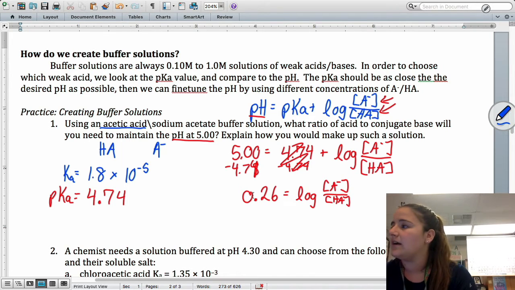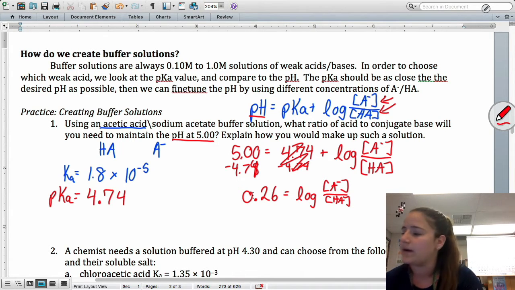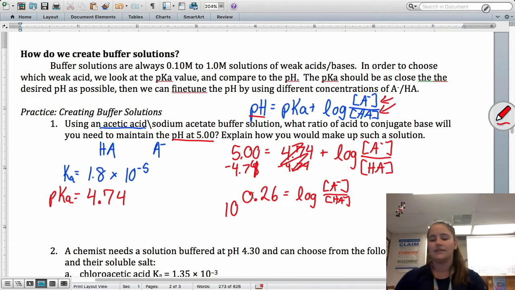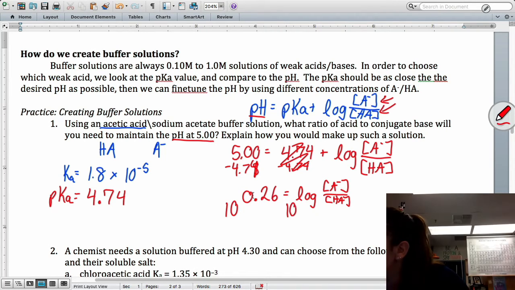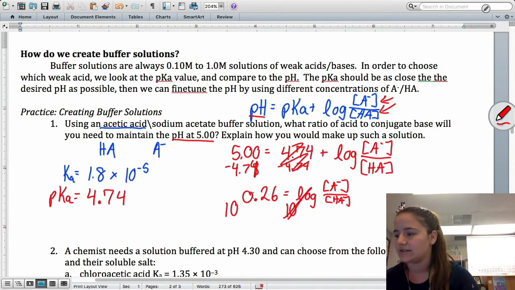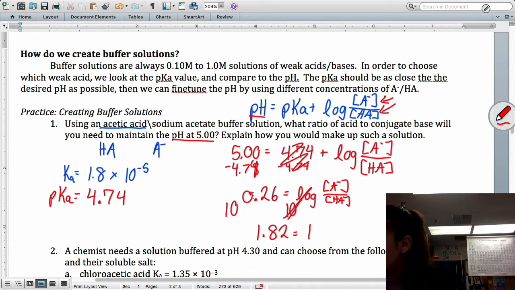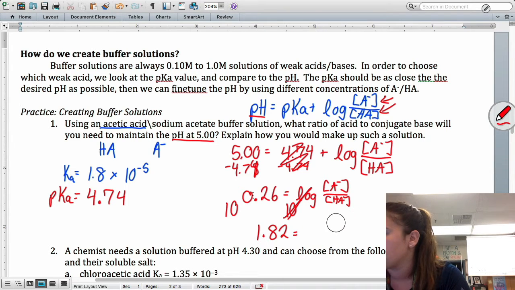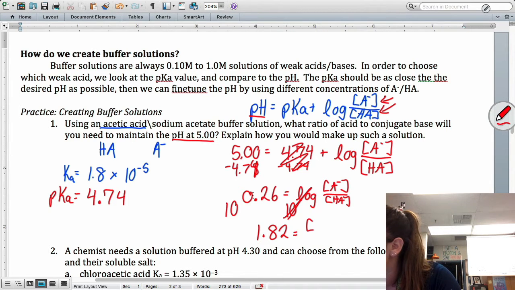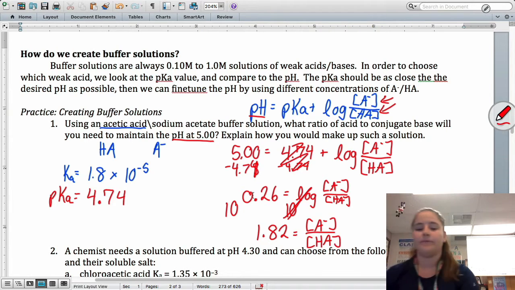To undo a log, you take 10 to that power. So we'll do 10 to the 0.26, and 10 to the log, those cancel each other out. 10 to the 0.26 gives me 1.82 equals, oops, sorry, the log got canceled out, equals A minus over HA.